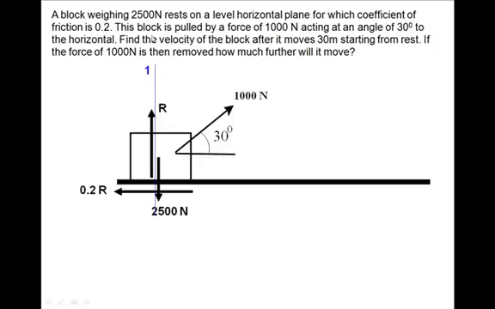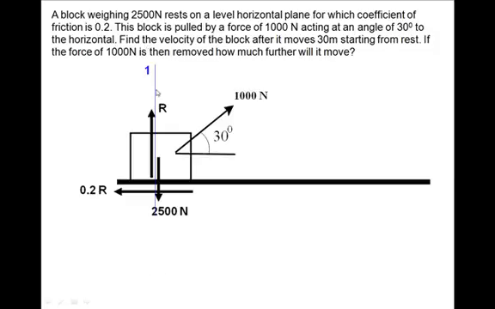Now the block is pulled by a force of 1000 Newtons. See, this 1000 Newton force is pulling the block towards right, acting at an angle of 30 degrees to horizontal. The force is not in the horizontal direction, but acting at an angle. No problem.